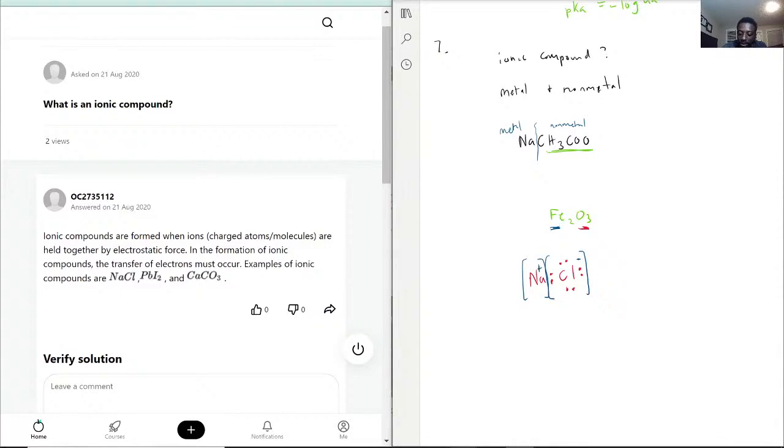If I space it out, it'd be like that, NaCl. Sorry, the charge is supposed to be on the outside, so you don't confuse it. So you see Cl minus right there and Na plus. This would be the Lewis diagram.